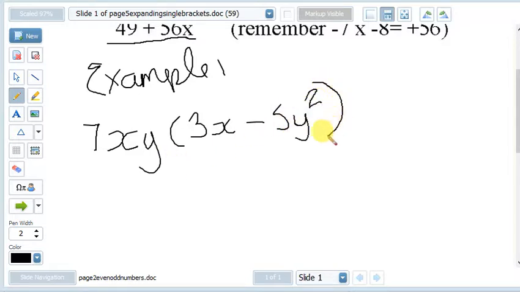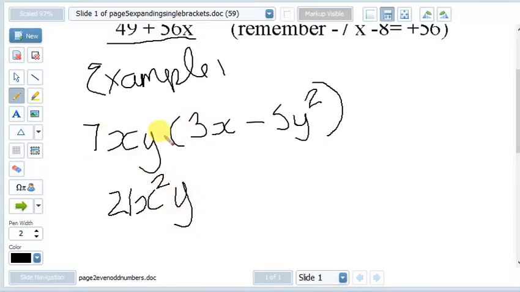Okay. So what we've got to do here is this 7xy, that is the thing immediately in front of the bracket. So the first thing we would do is times 7 by 3, which is 21. Then the x by the x as well, which is x squared. And then there's a y as well.